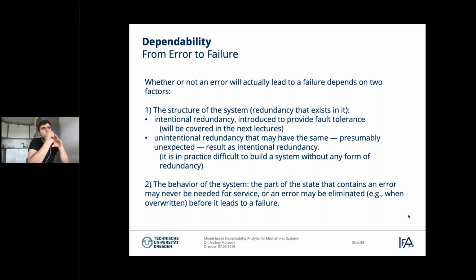If we have 3 sensors and one sensor is incorrect, we can compare the values of the other 2. We see that these 2 agree and this one disagrees, so we are not using the value of the erroneous sensor, we are using the value of the other 2. And this is called redundancy.